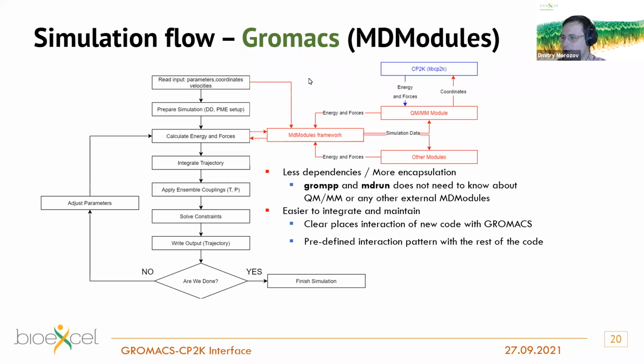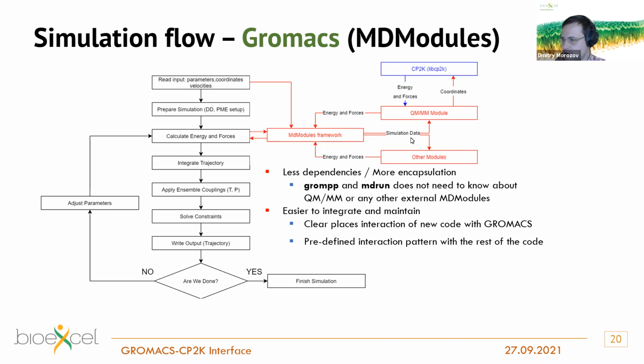And how it's looking is the following. Basically you have a framework which collects all kinds of notifications that are coming from the code. For example, if your coordinates change or you want to calculate forces, you provide coordinates, and the MDModules framework will provide this data further to the QM/MM module like here, or any other modules.